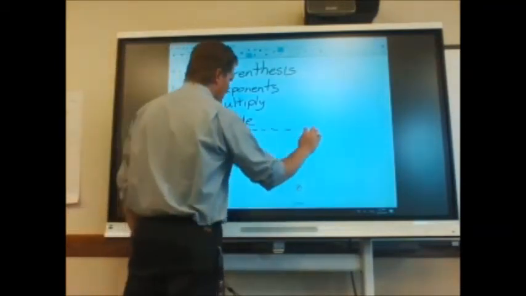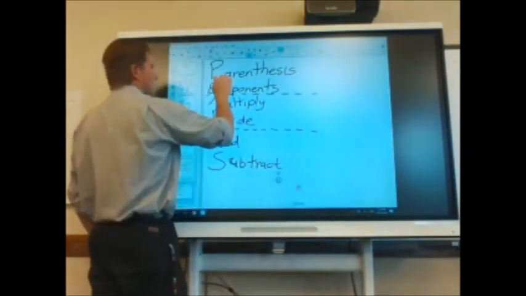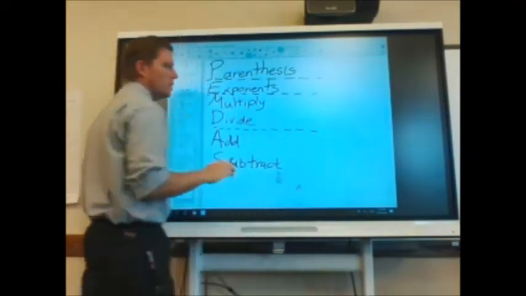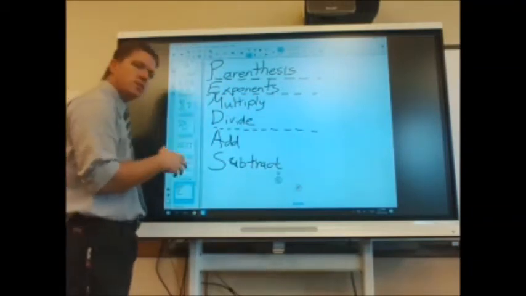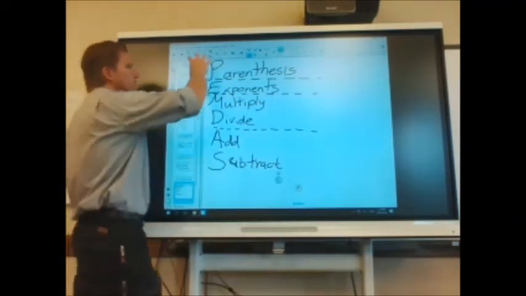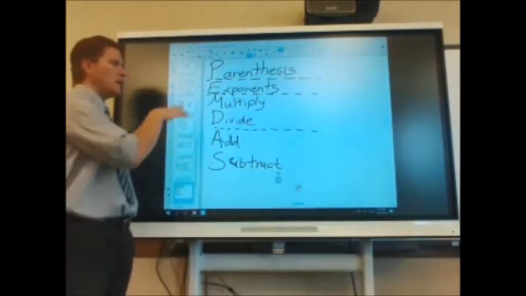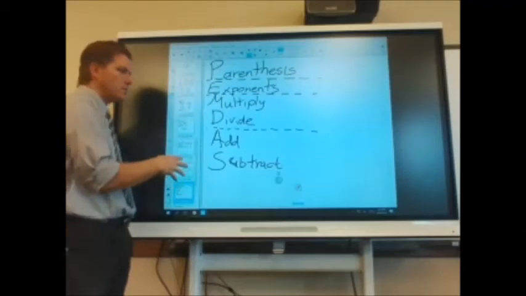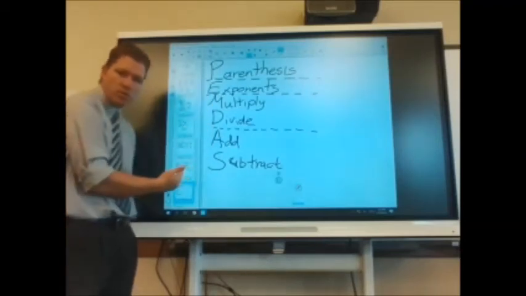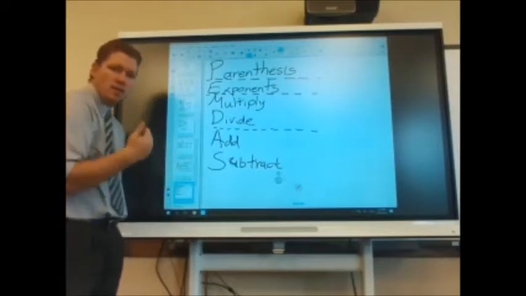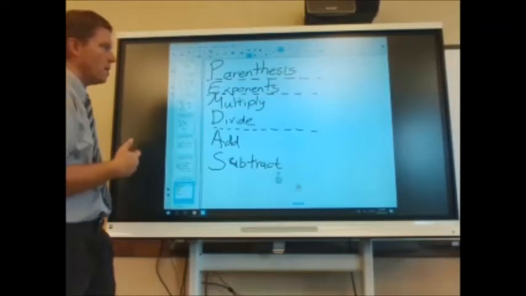Anytime that I use PEMDAS, I separate these out because we're really dealing with multiple levels of operations that have to be done, some before others. Anything that's in parentheses does need to be done before any of these other ones. Within the parentheses, I still follow my order of operations, okay? And that might be a bit of a tricky thing for students to understand initially.